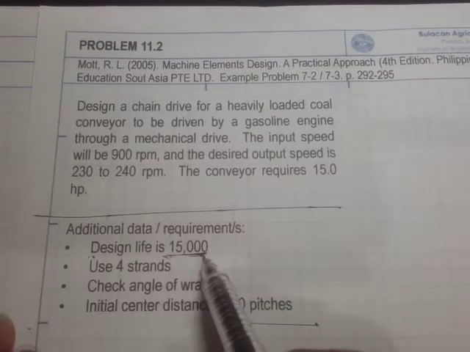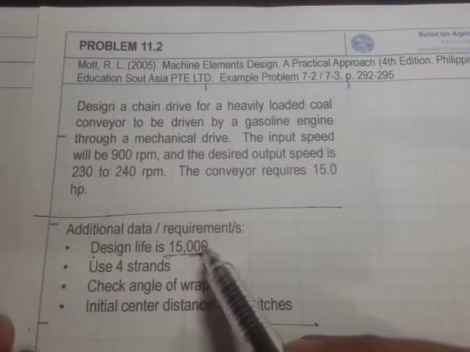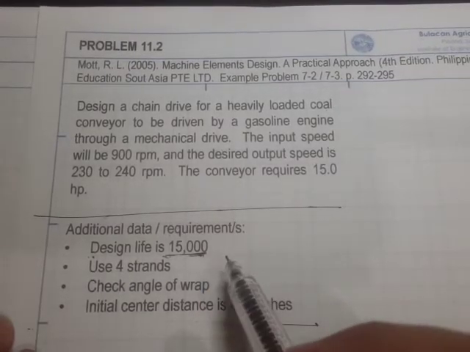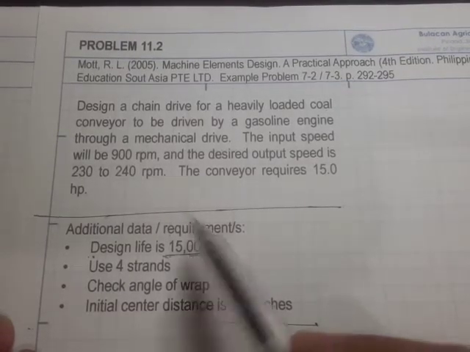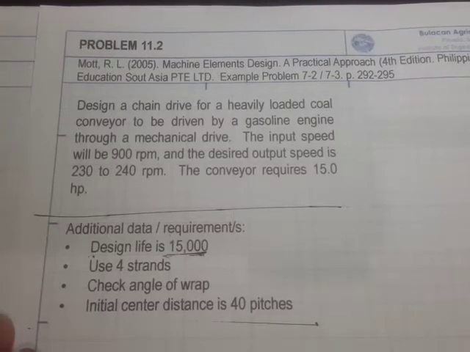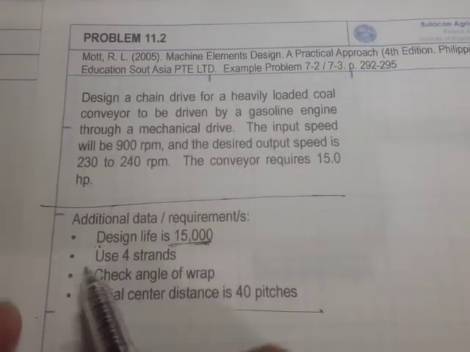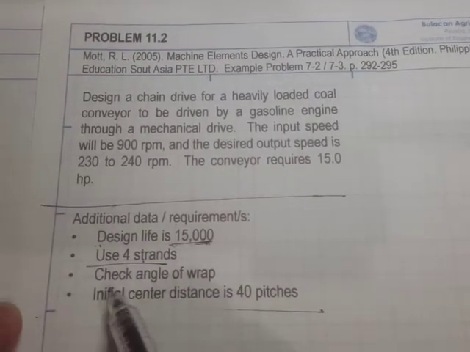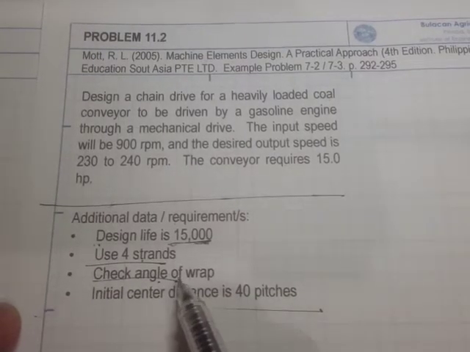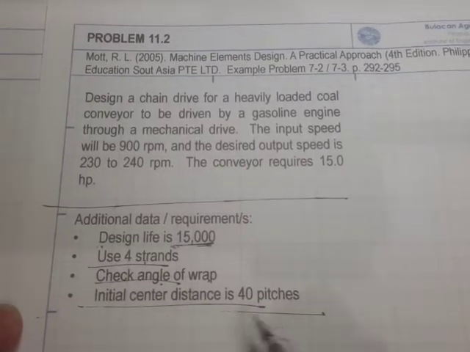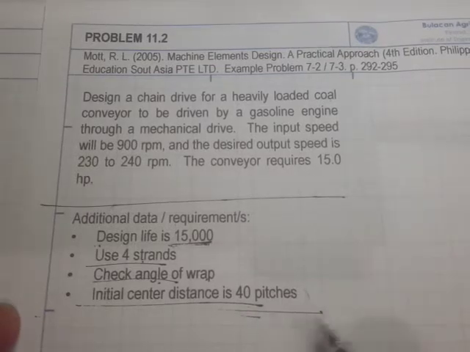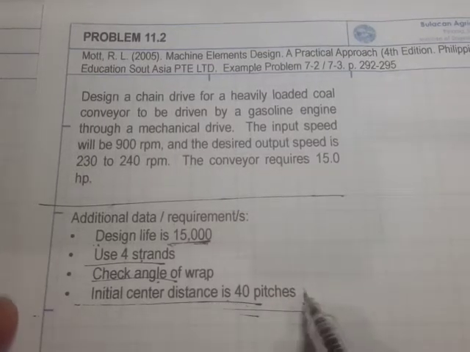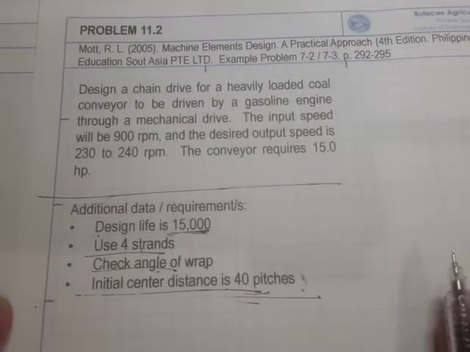That means the adjusted value would be the same as the design power, because 15,000 divided by 15,000 is just equal to 1. And we'll use 4 strands, and we also need to check the angle of wrap, and the initial center distance is 40 pitches. So take note, the center distance is given in terms of pitch.